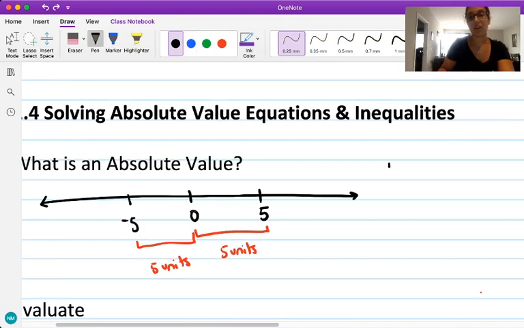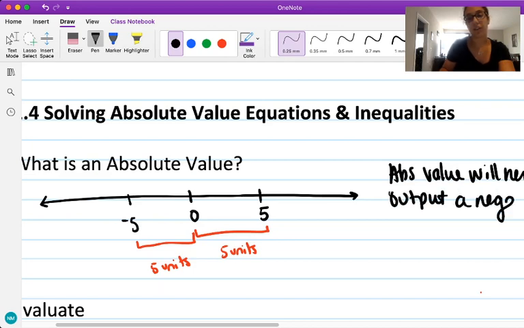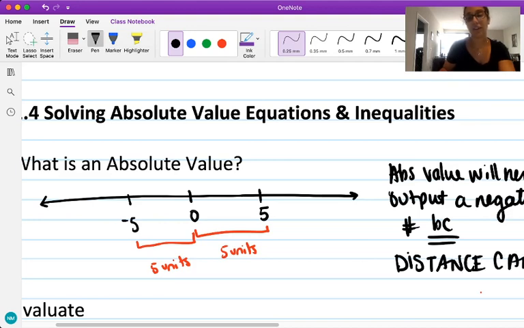Never. An absolute value will never output a negative number because distance cannot be negative, right?